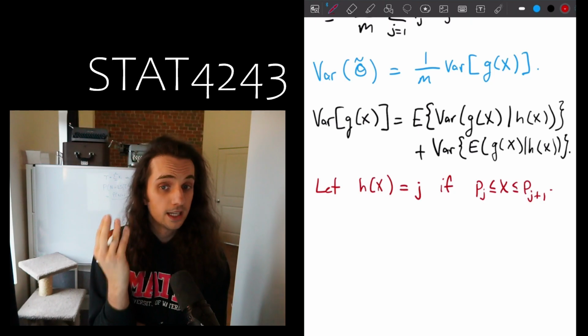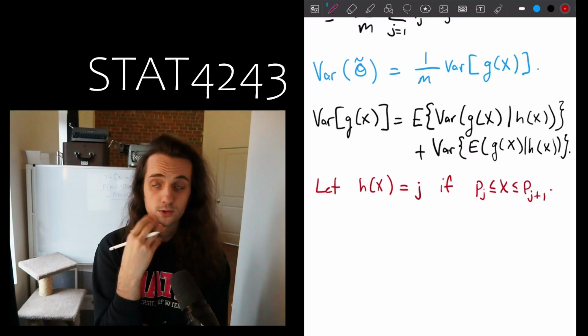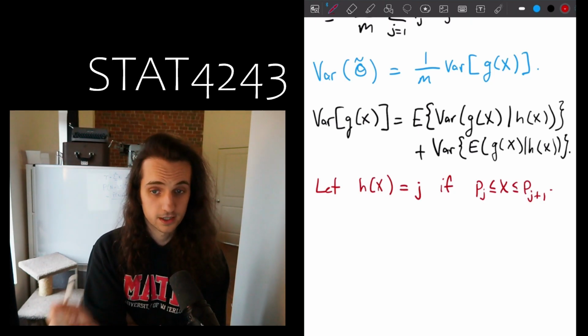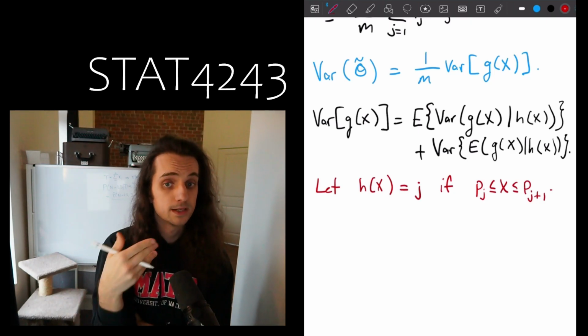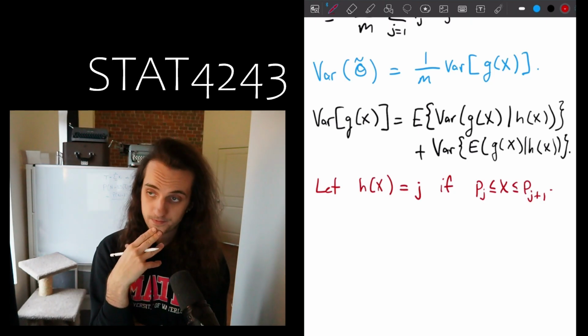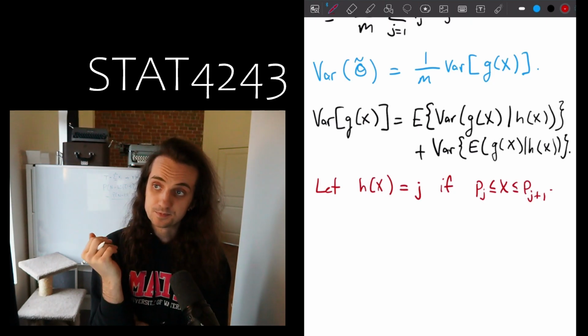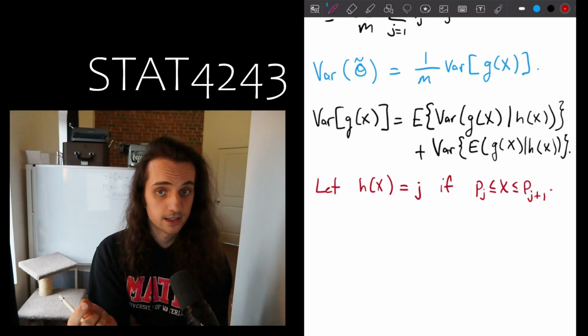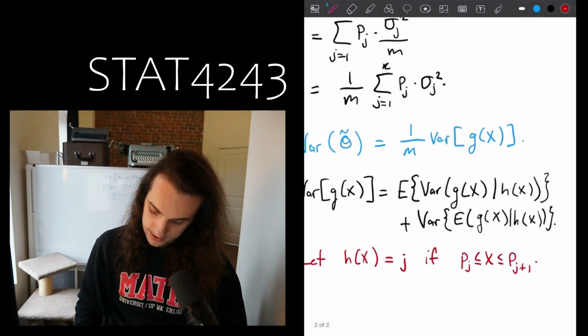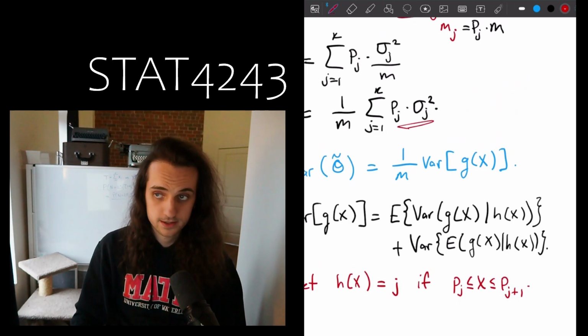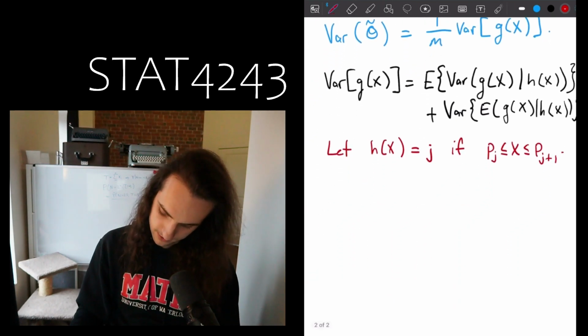Right? So if h of x is equal to 1, it means that x is in that first interval. If h of x is equal to 2, it means that x is in the second interval. Right? And why is this useful for us? Well, if you know which interval x is in, that's how we've been defining these sigma j squareds. Right, and so we could think about this first term here.